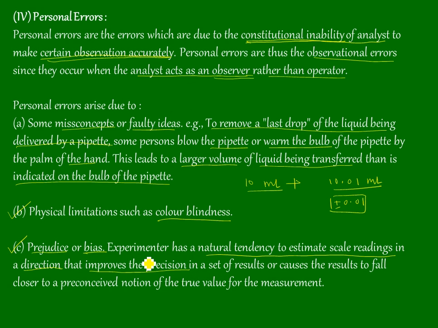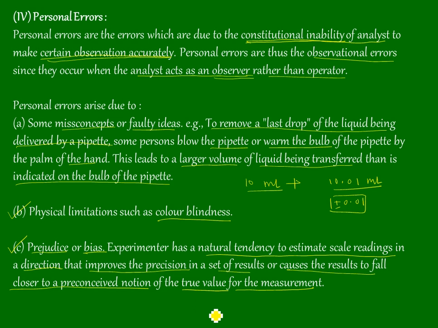So an experimenter has a natural tendency to estimate scale readings in a direction that improves the precision in a set of results, or causes the results to fall closer to a preconceived notion of the true value for the measurement.